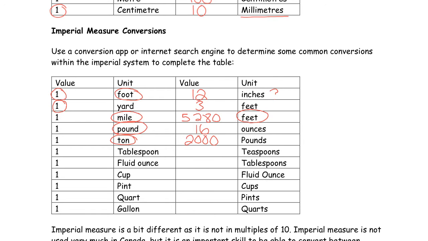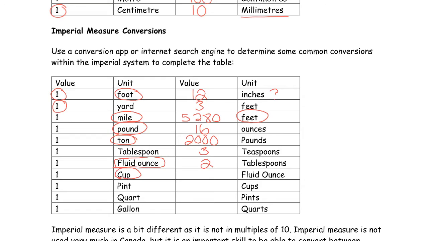And now we're going to take a look at measurement of maybe liquid or some solids. You might use these when you're baking, right? So we typically use tablespoons and teaspoons. So 1 tablespoon is actually 3 teaspoons. When we talk about a fluid ounce, so 1 ounce of fluid, that is equal to 2 tablespoons.